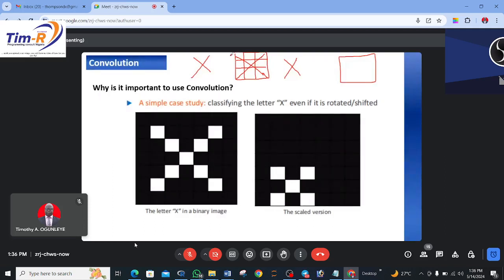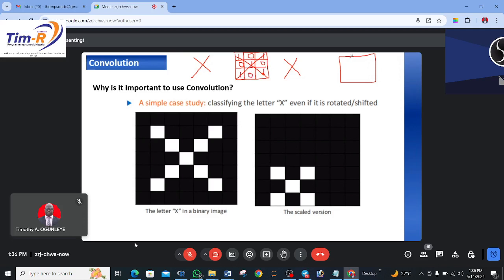Now, if you look at this, inside this box here, we have our feature. The feature we need is there, so we call it 1. Where our feature is not here, we call it 0. There is no feature here as well, the X is not overlapping here, so we write 0. It's overlapping here, we put 1. So here we put 0, here we put 1, here we put 0, and here we put 1.